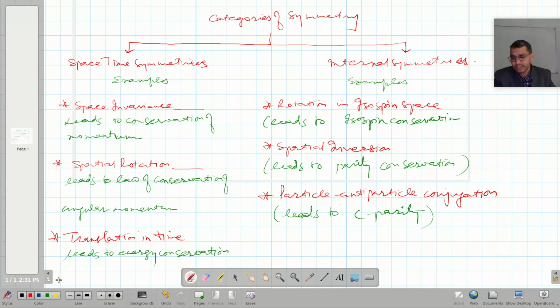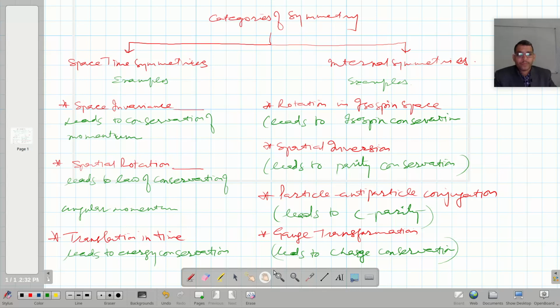And another one is gauge transformation, and this leads to charge conservation. Right? So this is all about these things. So it's a brief idea of the symmetry.